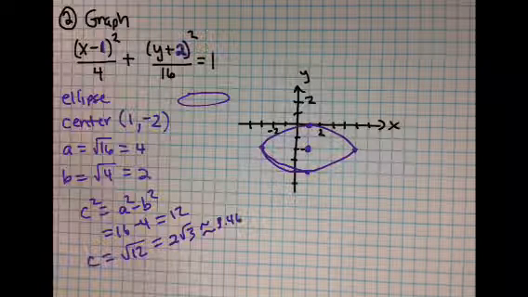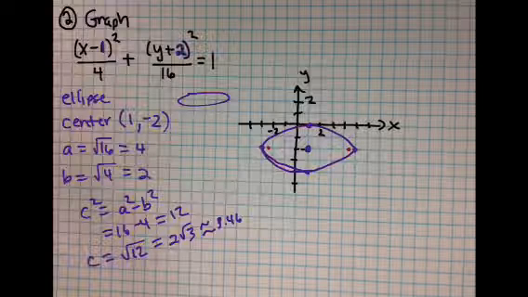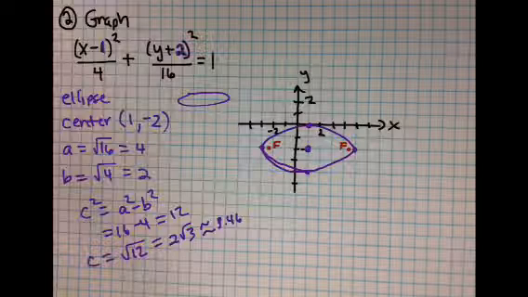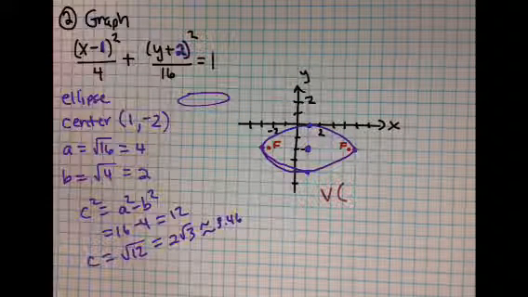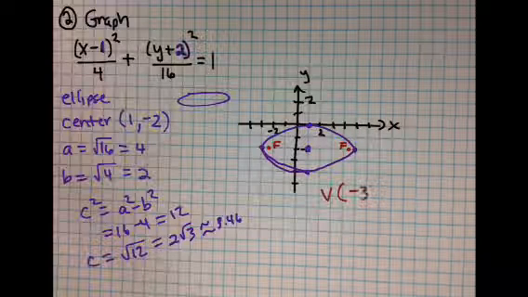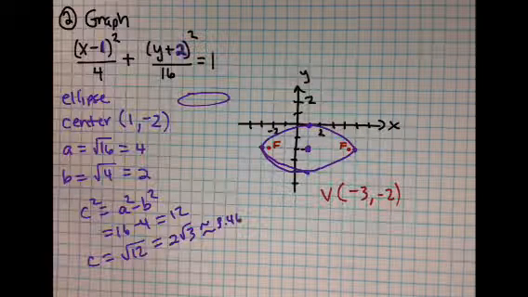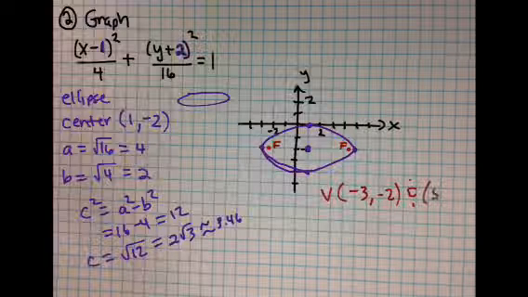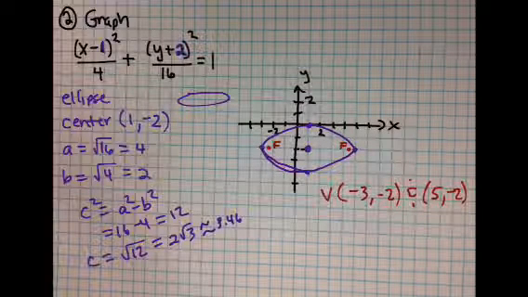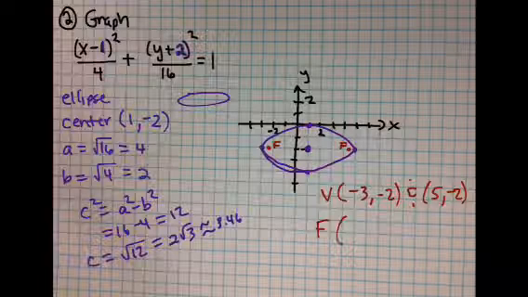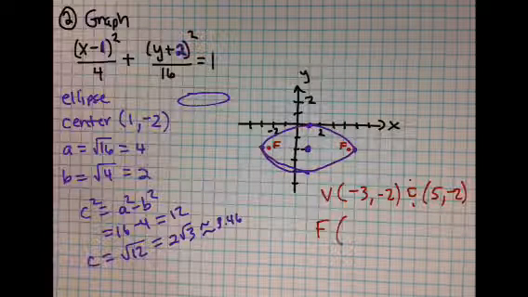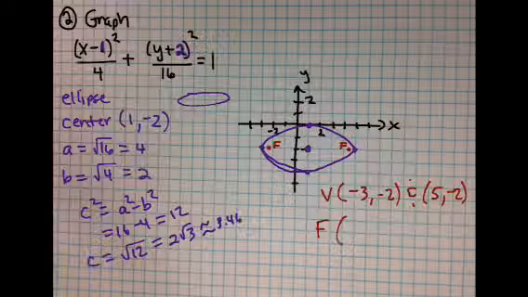So 1, 2, 3, about here, and about here. Okay, and that's it. So the vertices are (5, -2) and (-3, -2). The foci from the center, well, actually, they're not going to ask you for that, so let's not worry about that right now. Let me erase that part.